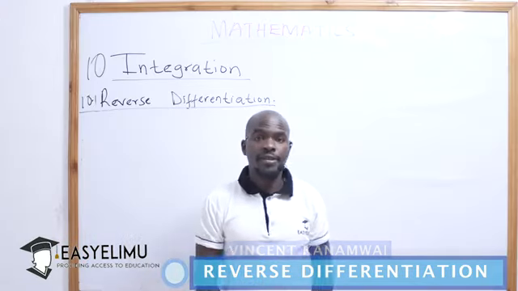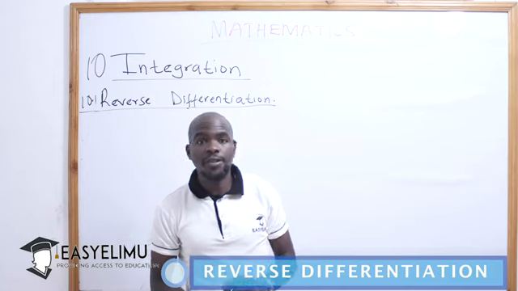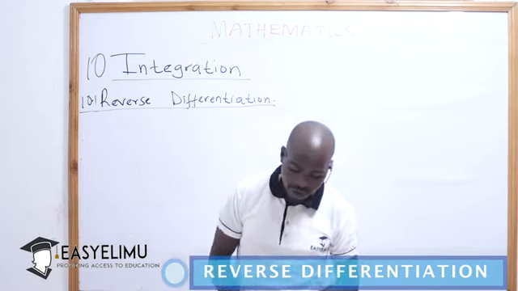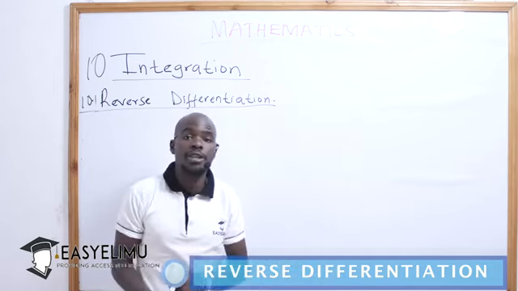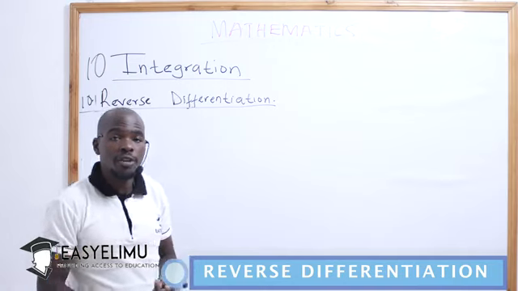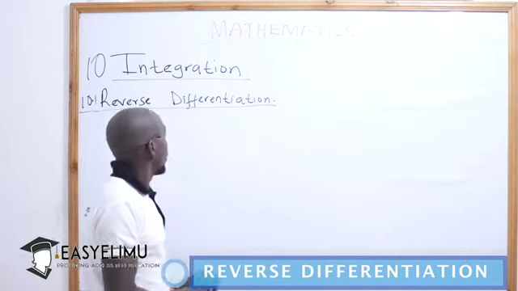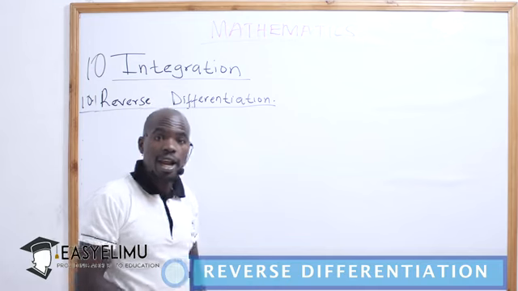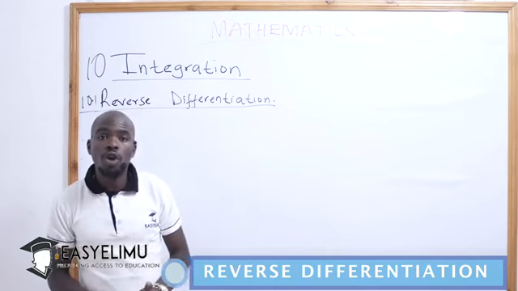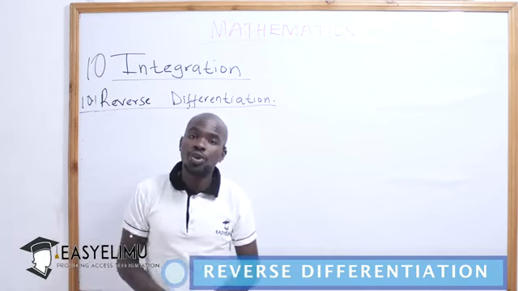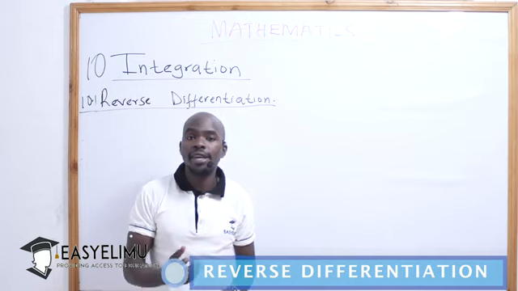From chapter 8 of Form 4 mathematics, we saw how we obtain the gradient of different functions in differentiation. And now we want to go back to the functions which we had before taking the gradient.